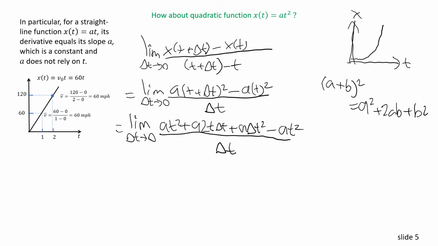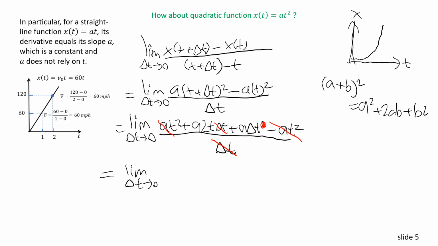Now, this is equal to the limit as delta t goes to 0. So here's the thing. a t squared minus a t squared is 0, so that guy's out of the game. And now we can cancel out the delta t. Because this thing is over delta t, this delta t is gone, and this is like two delta t's multiplied together, and now we have only one delta t, and there we go.